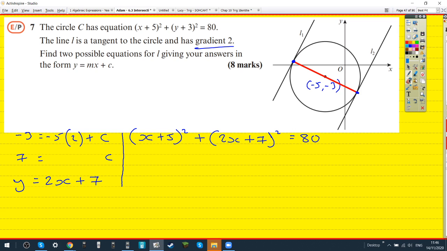Plus 5, 7 plus 3. And then could you add both brackets, or do you have to square them first? You could fully expand them and then fully simplify and then solve. Is there a quicker way with your calculator?